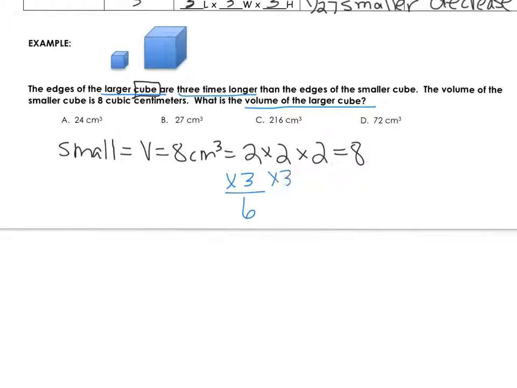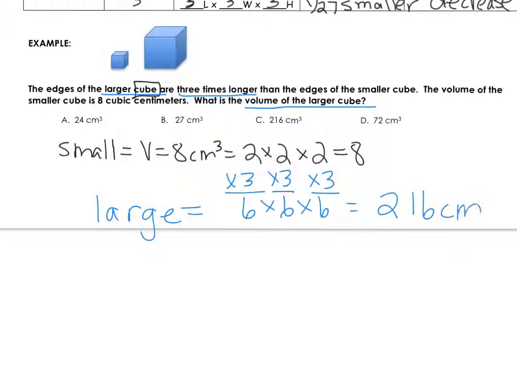I'm going to multiply my width, which gives me 6. And I'm going to triple my height, which is also going to give me 6. And remember, to find volume, you do length times width times height. So for my large cube, I'm doing 6 times 6 times 6, which should equal 216 centimeters cubed.